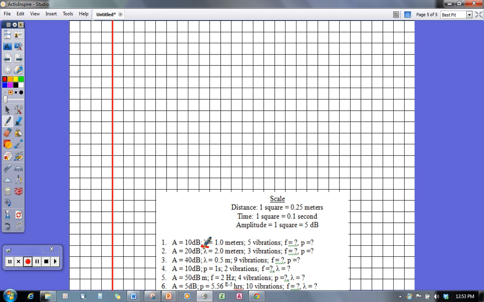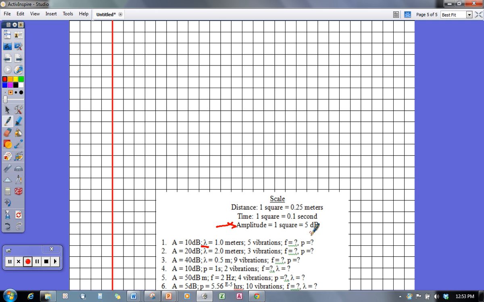Okay, so let's look at number one. Our amplitude equals 10 decibels. So how many squares is that? When we're looking at amplitude, we're looking at this scale: 1 square equals 5 decibels. So it's just 2 squares. 2 squares plus 1 as our buffer is going to be 3.